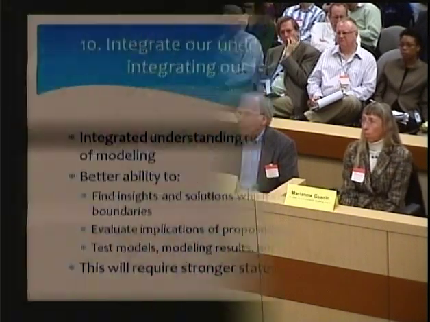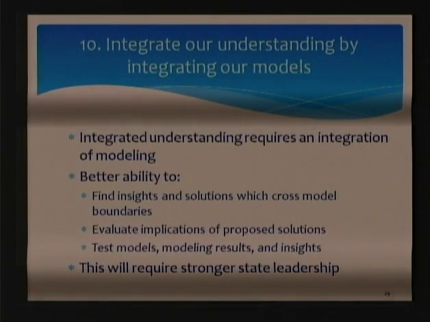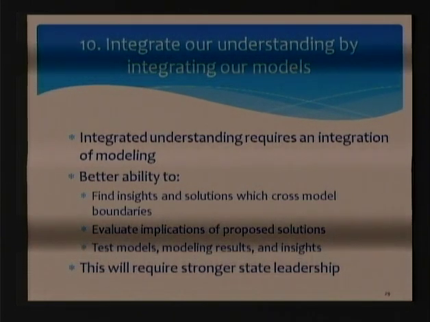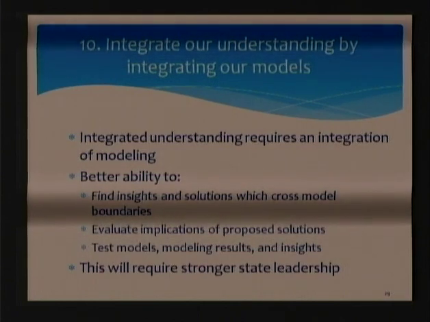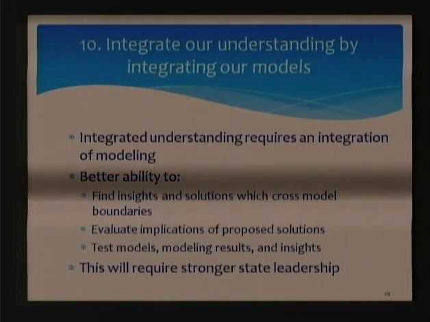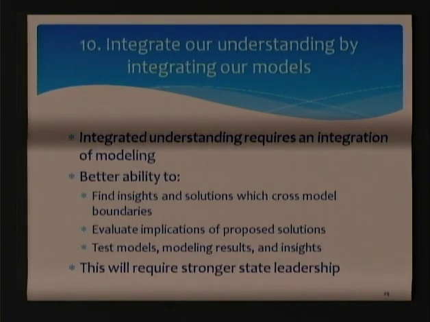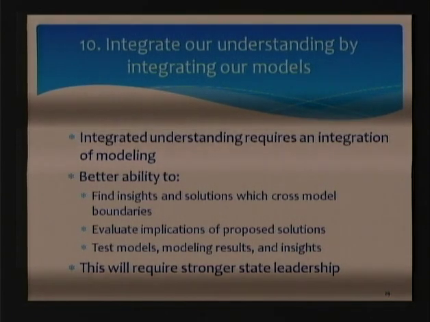Integrating these things should make it easier to find insights and solutions across model boundaries, allow us to better evaluate the implications of different proposed solutions, and help us test the models and the model results and the insights that we get out of these models. This is going to require, just like the state planning for models will require, much stronger state leadership than what we've seen across several agencies.